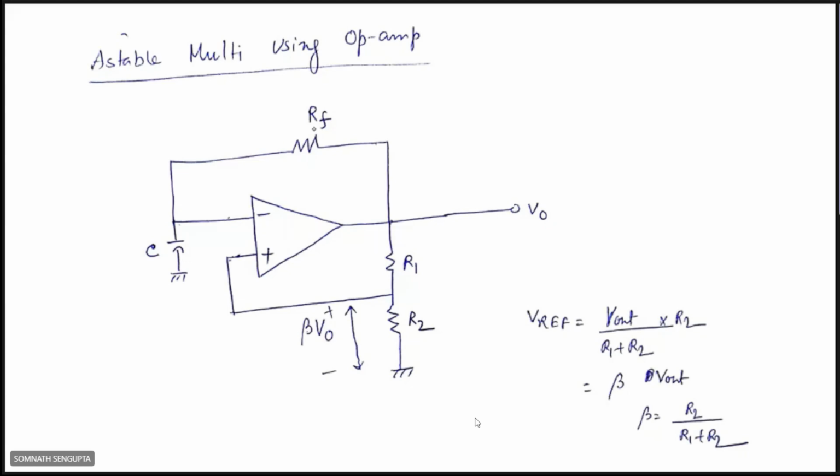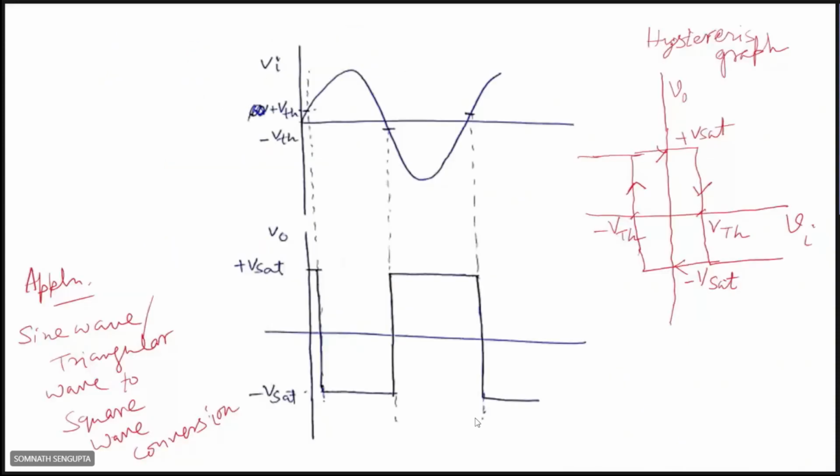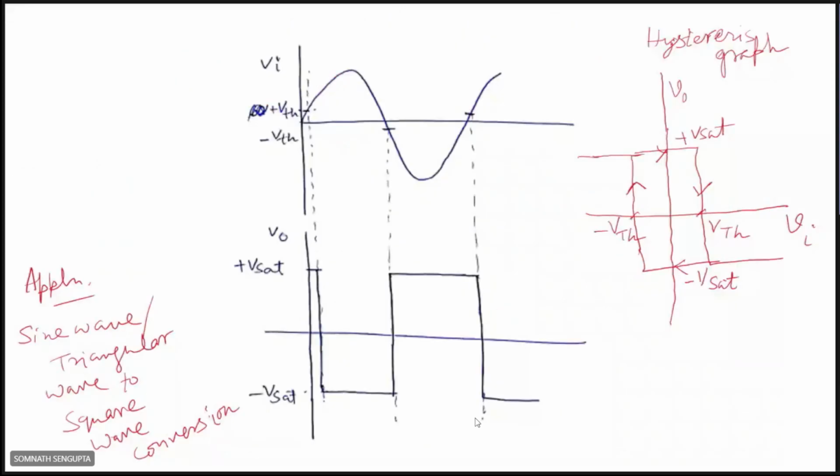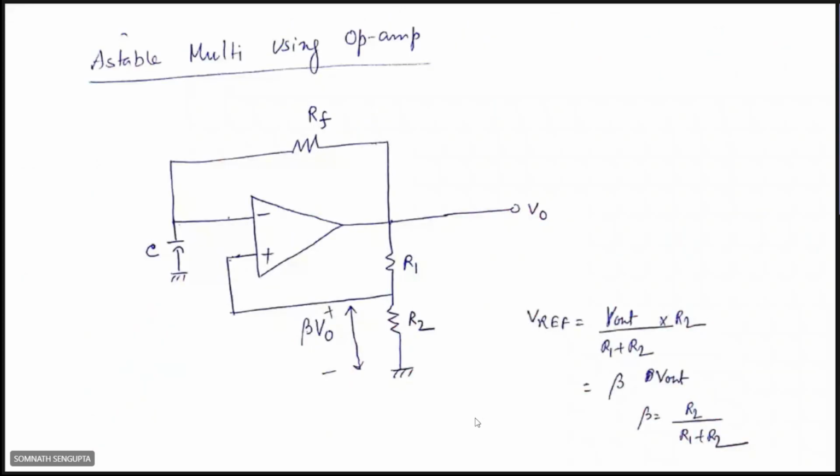So here in the feedback path we have resistance RF and capacitor C. So what happens in this case? In the earlier case, we compared a sine wave with the threshold voltage. Sine wave was the input. But in this case, we compare the voltage across the capacitor, which will be a charging and discharging kind of waveform.